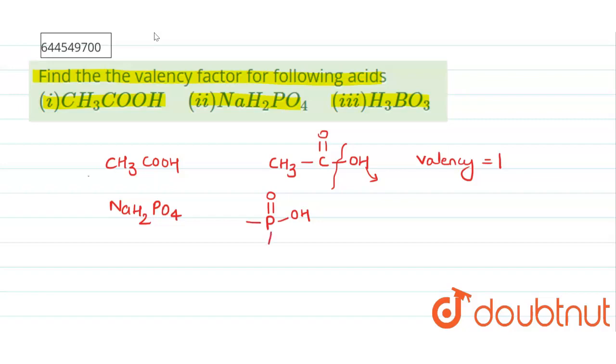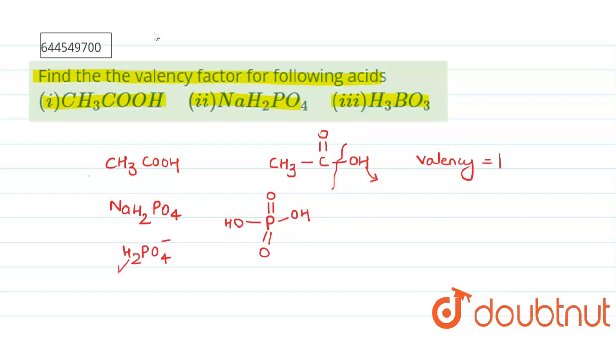So right now what we can write NaH2PO4 as, we can write it as H2PO4 minus. So P is there, double bond O is there, OH is there. So now remaining is one OH, and then remaining is 1, 2, 3, and this fourth is oxygen.